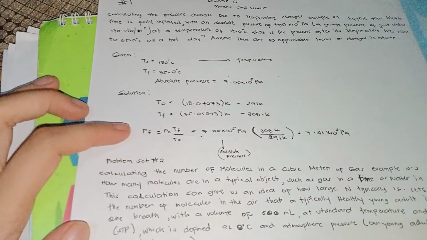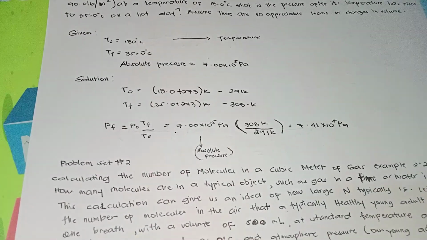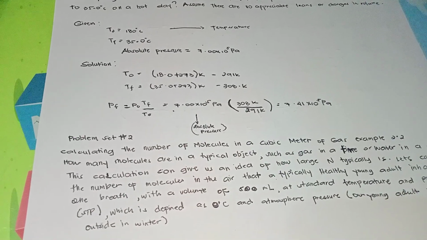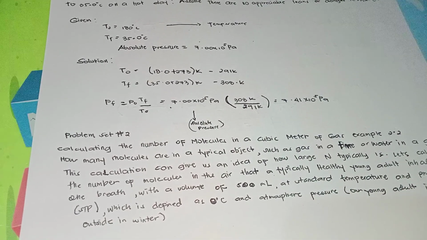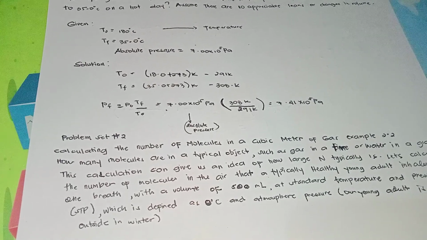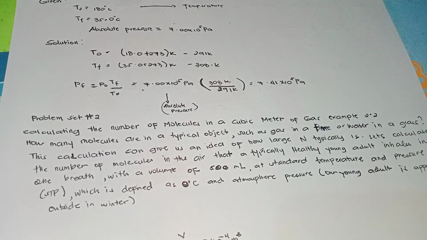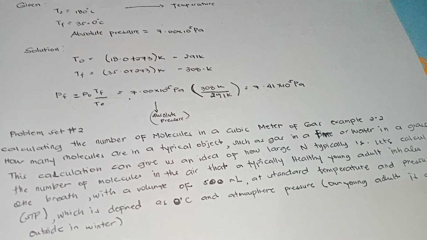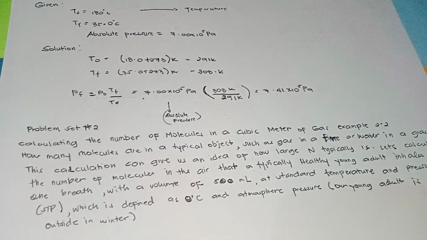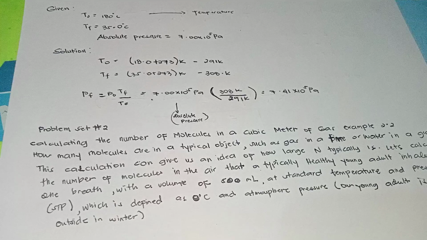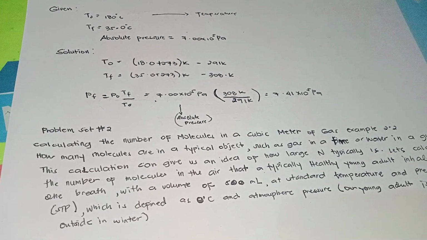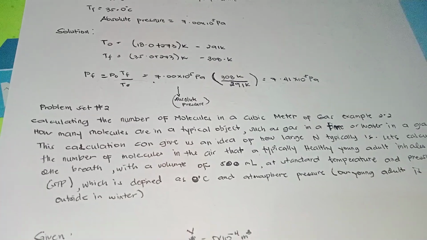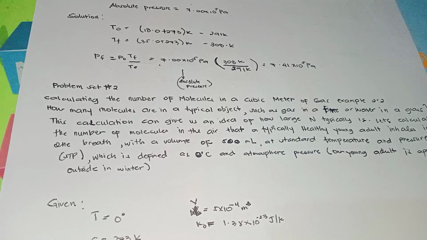For the solution, T0 equals 18.0 plus 273 K, which is 291 K, and TF equals 35.0 plus 273 K, which is 308 K. And PF equals P0 times TF over T0, which equals 7.00 times 10 to the power of 5 Pa, our absolute pressure, times 308 K over 291 K. Dividing, we arrive at the answer of 7.41 times 10 to the power of 5 Pa.